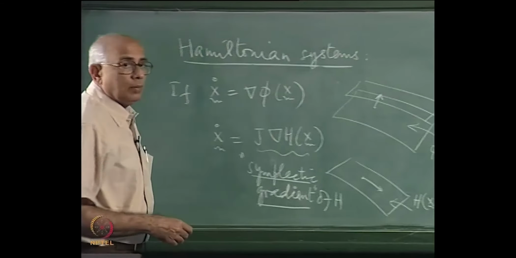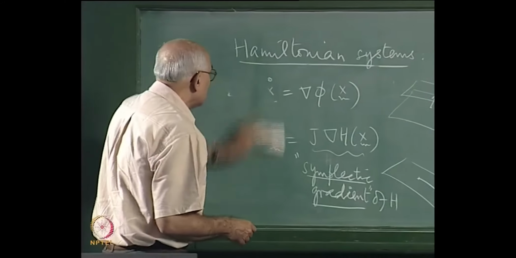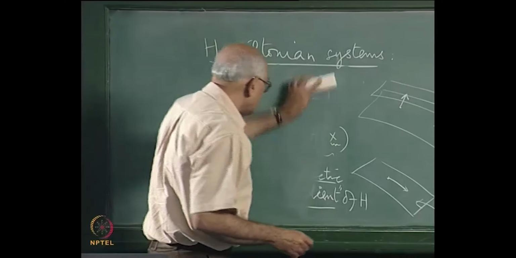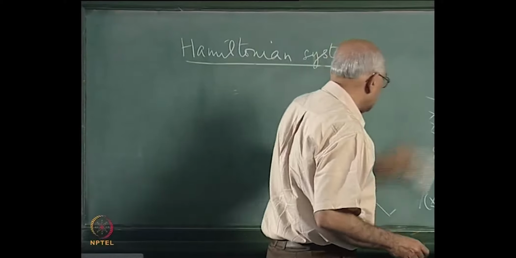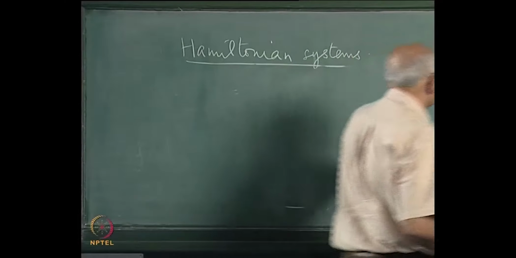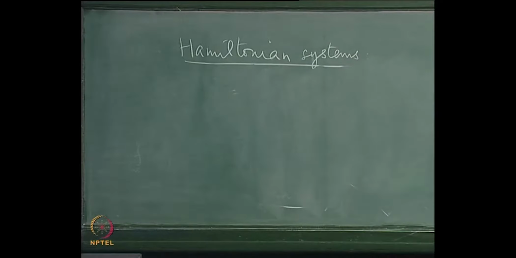What else can we say about Hamiltonian flows? Well, here is where a very important structure called the Poisson bracket gets introduced, and let me define this quantity.